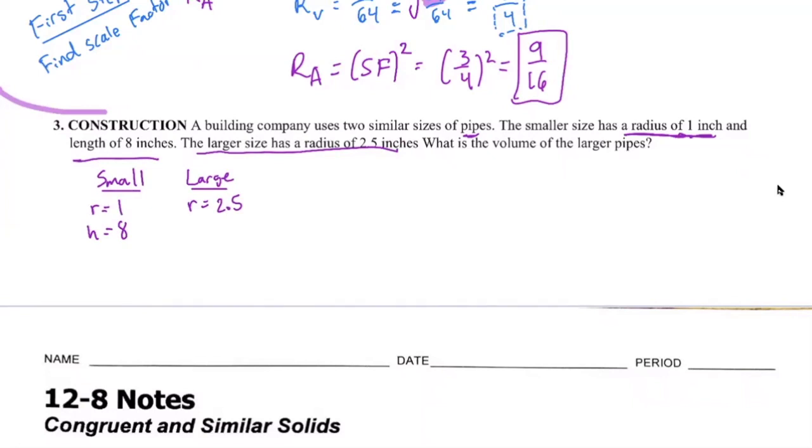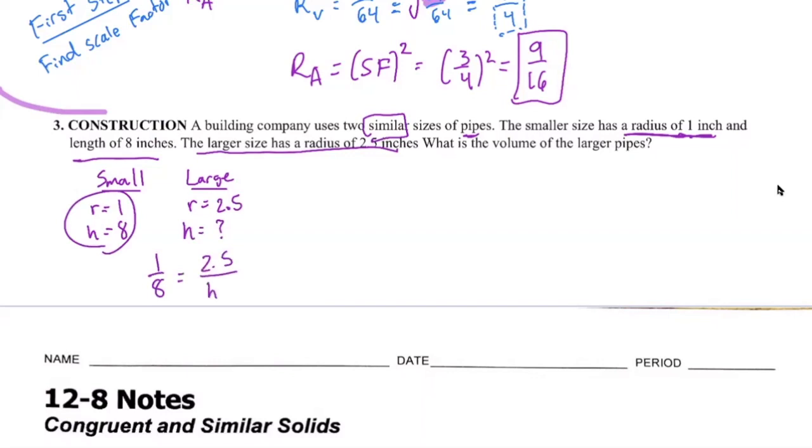Technically you can find this height here, because they're saying they're similar, right? Because they're similar, you can set up a proportion for this. If you're comparing it top to bottom, you can do 1/8 equals 2.5 over the height.